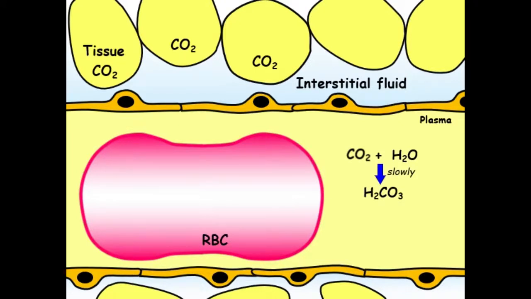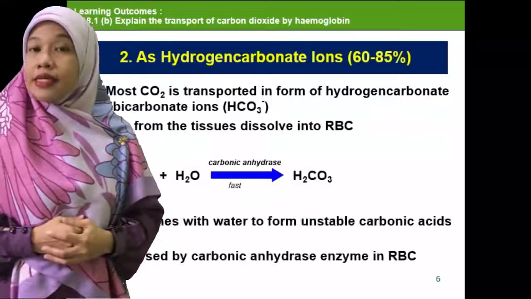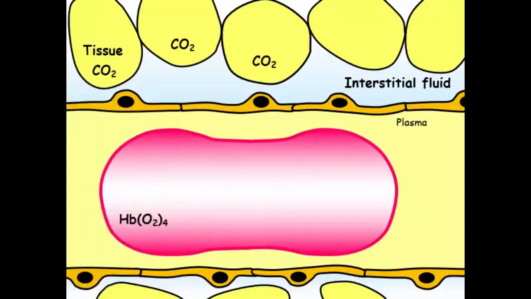But the process is very slow since there is no enzyme in the plasma that catalyzes this process, so it occurs very slowly. And this carbonic acid will dissociate into proton or hydrogen ions and bicarbonate ions.